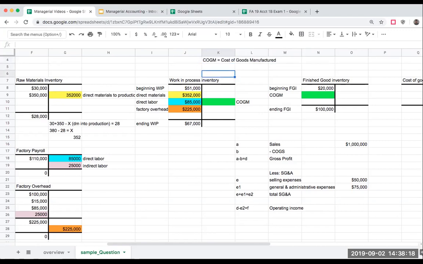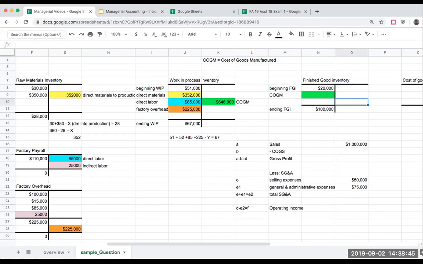So I have over here 51 plus 352 plus 85 plus 225 minus y is going to give me 67,000. If I add these up, I get $646,000. So if it's leaving work in process, where does it go?